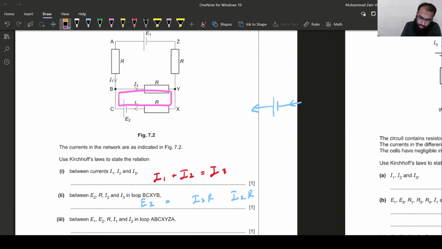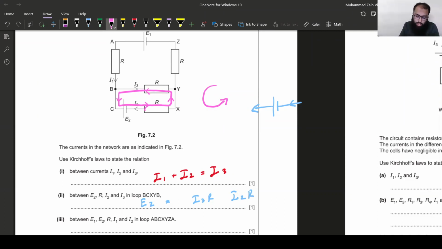I took a convention that I would take all currents in the counterclockwise direction to be positive. This means that any resistor which has a current that flows opposite to this convention, which I have labeled in pink, or I could also write it here as well, any current which flows opposite to this convention would give me a negative potential difference.